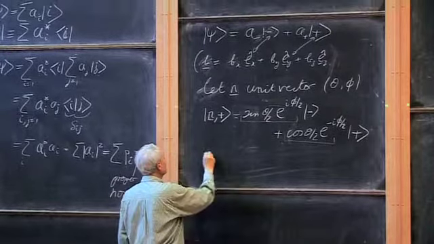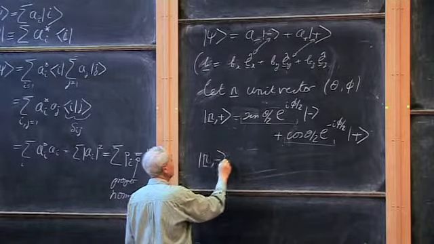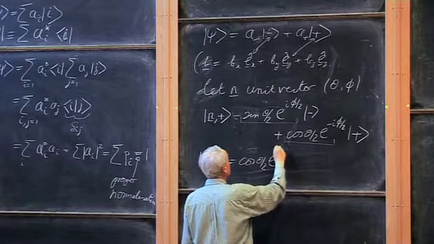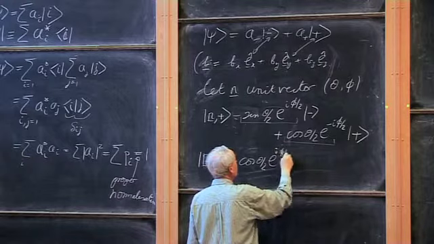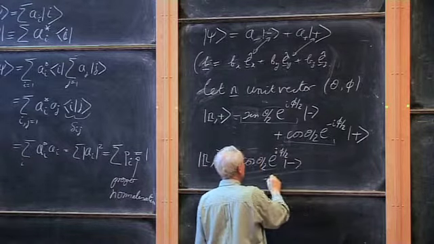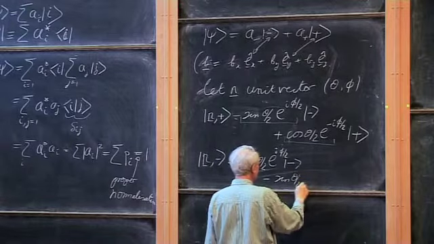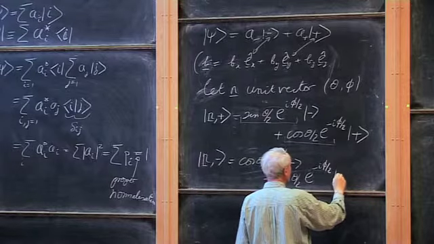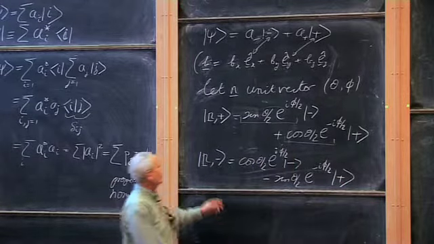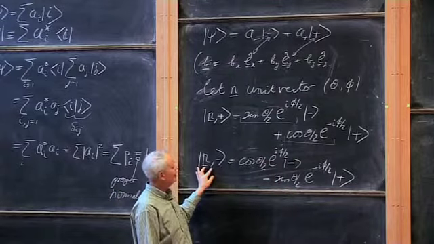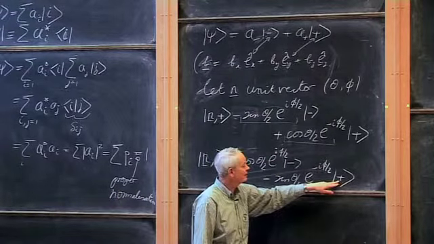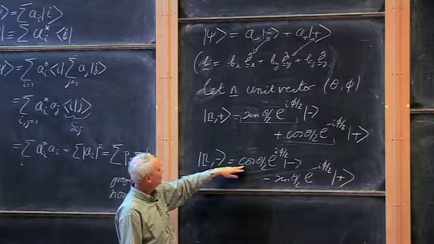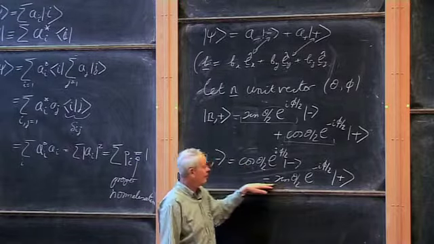Correspondingly, there is a minus object, which turns out to be cos theta over 2 e to the I phi over 2 minus sine theta over 2 e to the minus I phi over 2 plus. So it's naturally another linear combination of these basis vectors. And now we just have different A minus and different A plus, because it's a different state.